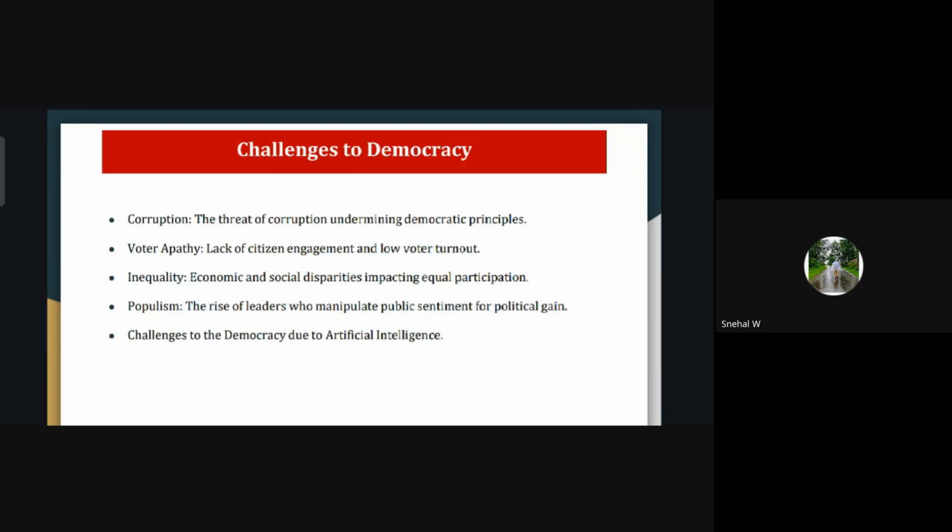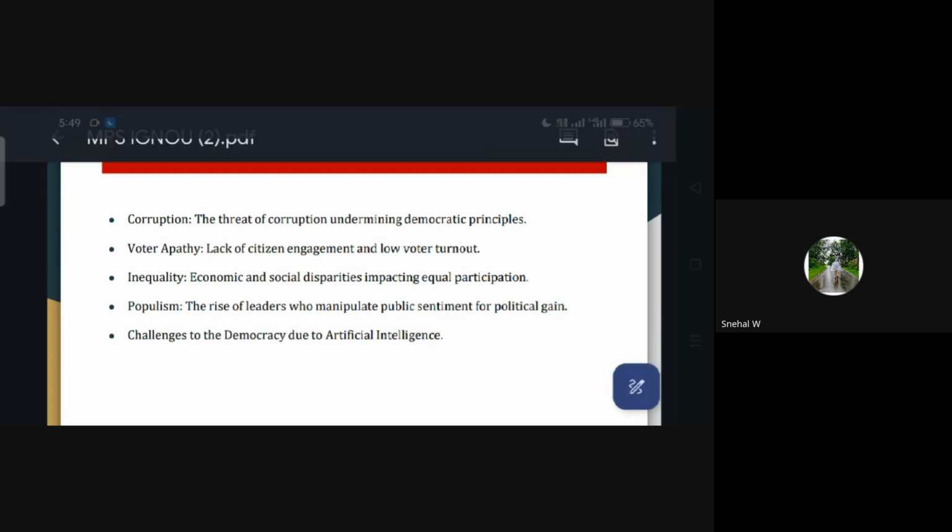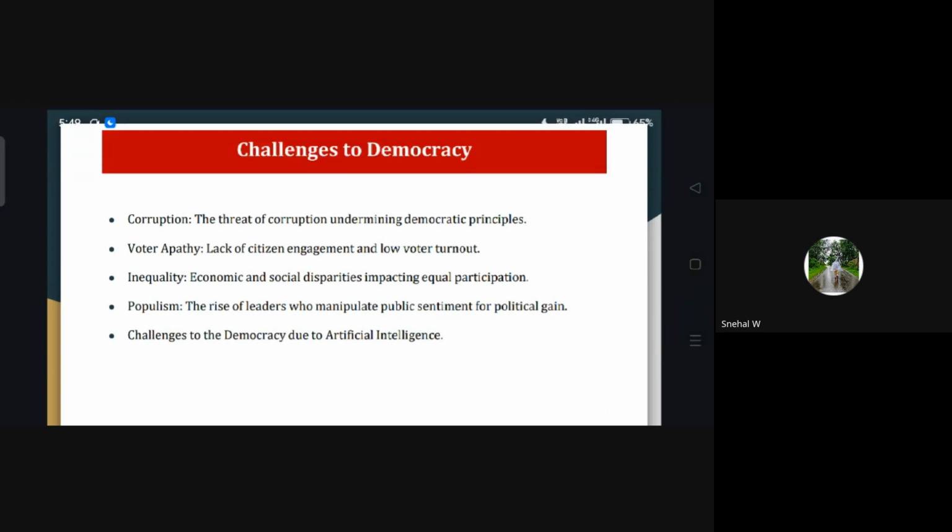Because there are a few things which are always troubling in governance, and this is the task of political theorists, or we can say people from political science, to address such issues.